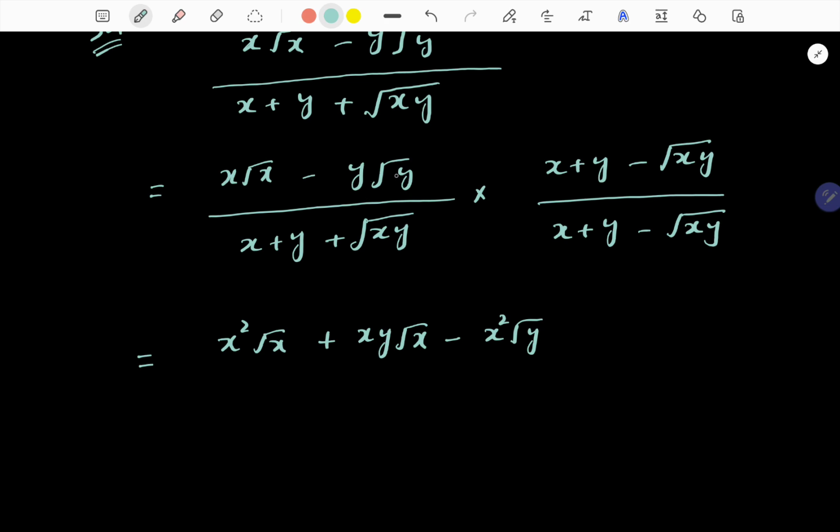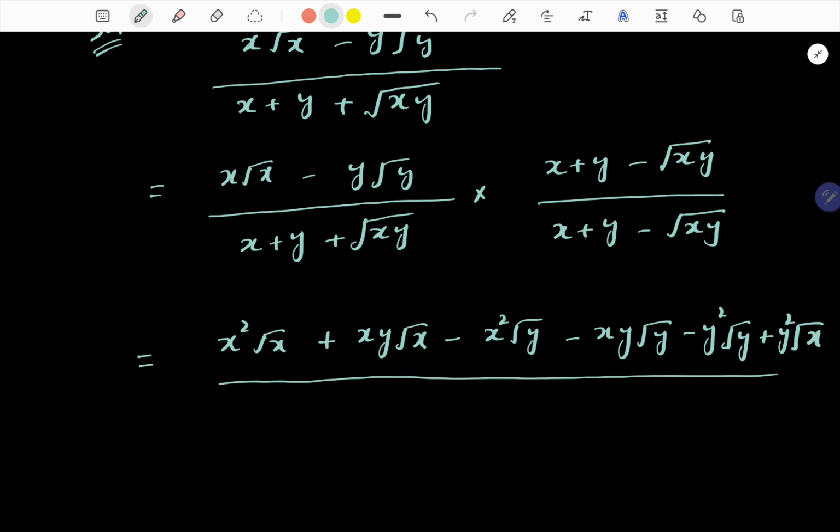Then the next term will multiply by minus xy square root of y, then minus y square root of y, and minus plus y square root of x.